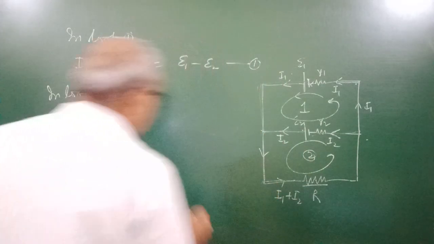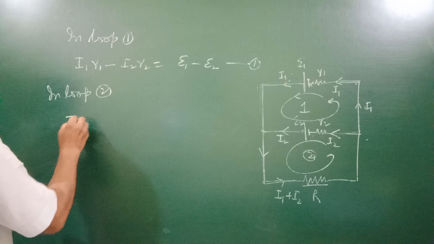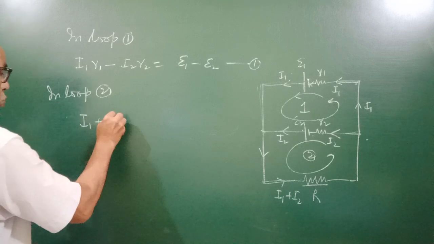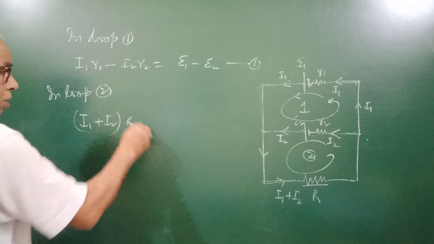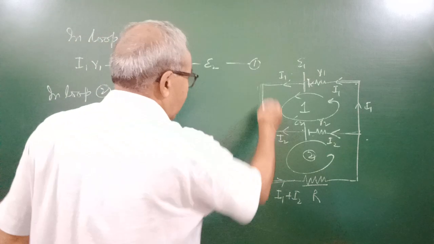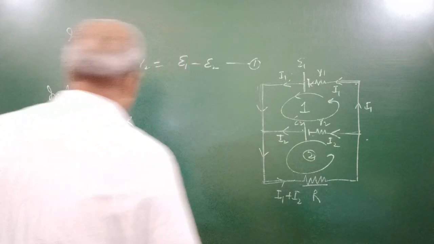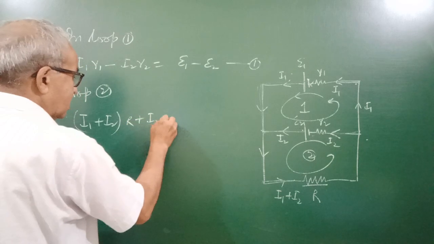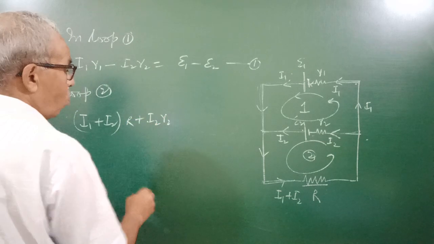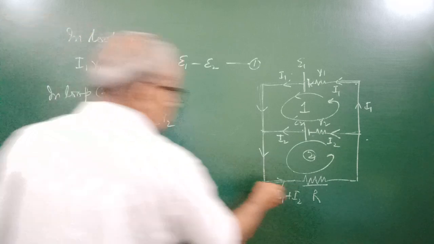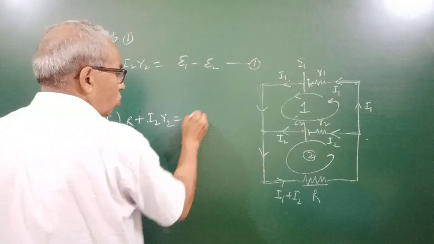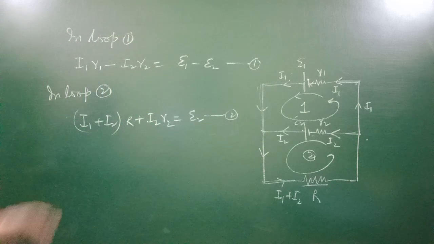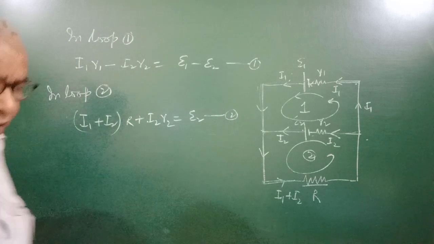So here I1 plus I2, into R, according to the junction rule, plus I2 R2, is equal to E2.